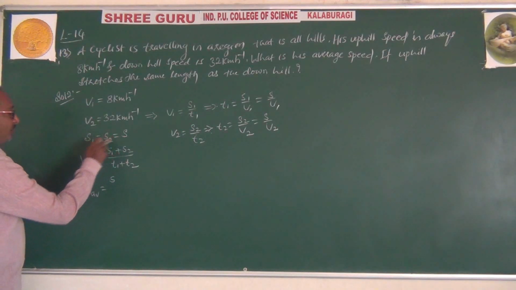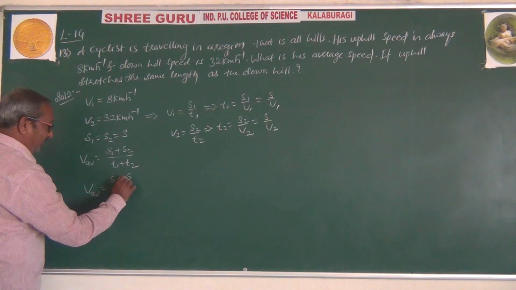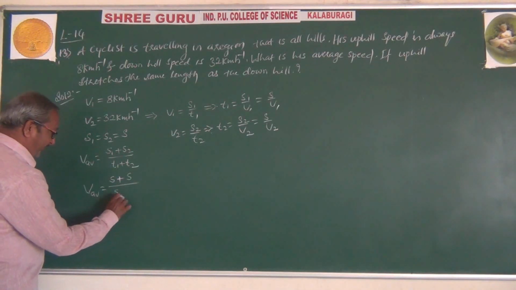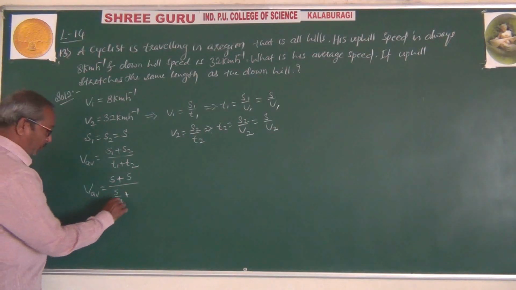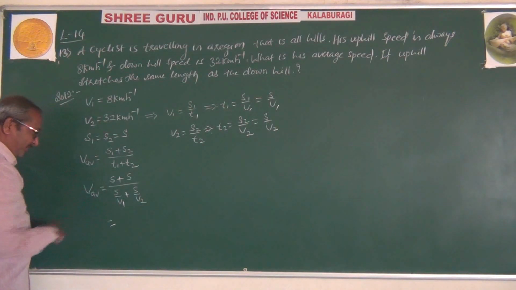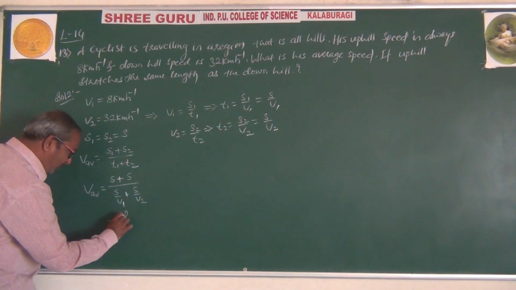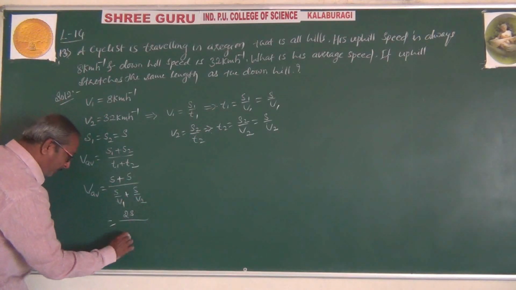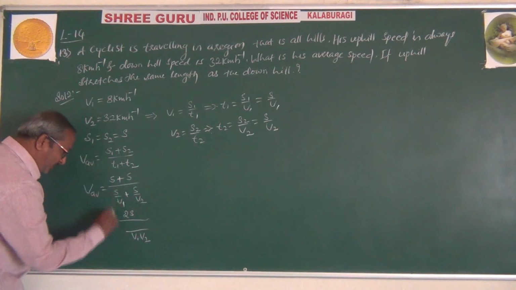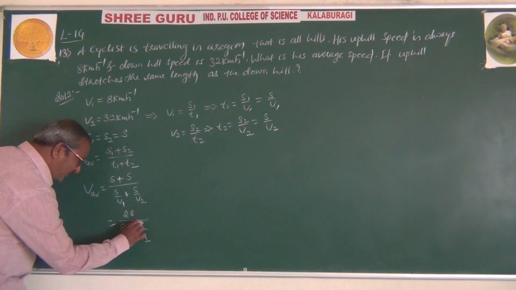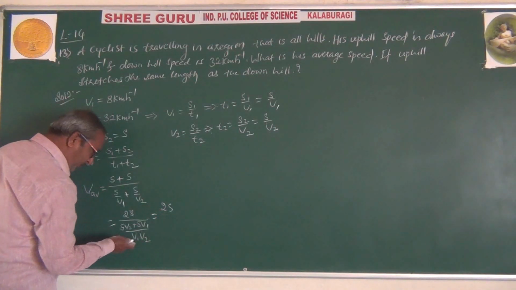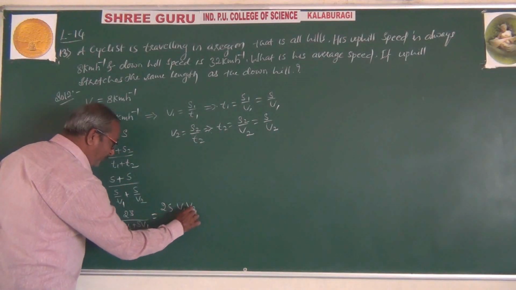So V average equal to S1 plus S2, which is S plus S, divided by T1 plus T2, which is S by V1 plus S by V2. LCM taken in the denominator. The S plus S is 2S divided by V1 V2 in the denominator. Now the numerator is S V2 plus S V1, so this equals 2S times V1 V2 divided by S into V2 plus V1.